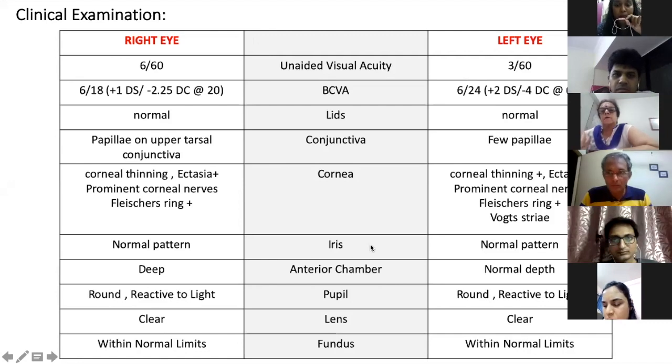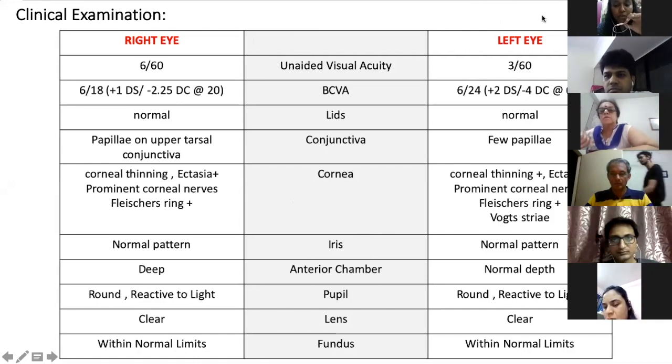And in the history, there was a mention of the younger sister also having the same problem. Yes, ma'am. There have been a few studies suggesting there is a genetic association with keratoconus as well as a hormonal association.